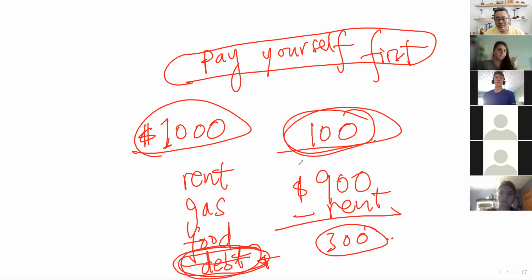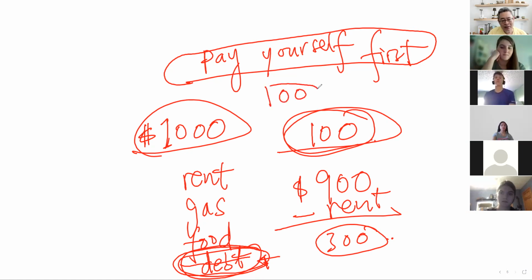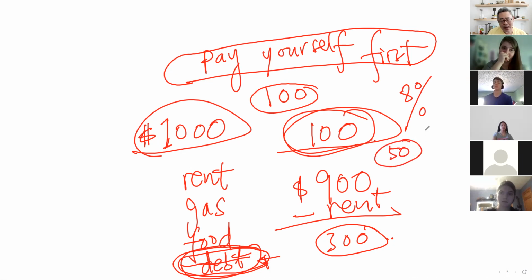Good. And that's something we can work out next time, to think about a scenario. If you invest $100 per month and you earn 8%, after 50 years, how much money will be in your account? Think about that.